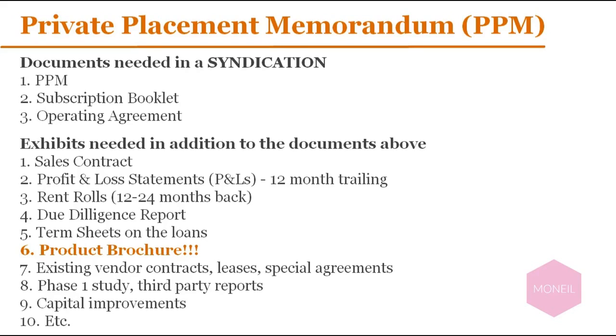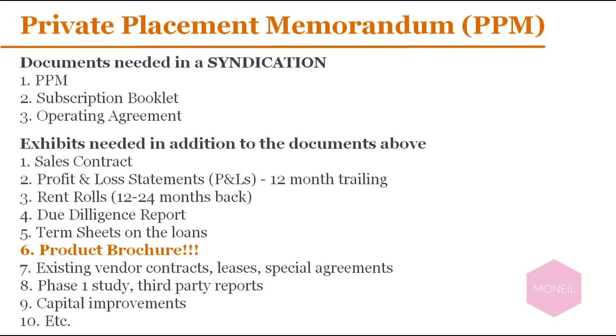The product information brochure is a very big part of the offering also, along with everything that I've discussed. Plus it could be the contracts, the different leases on the property, the special contracts that we would like to have the investors know, which could be major contracts or smaller contracts that the property we are buying already has, and they'll be forwarded to us as buyers.